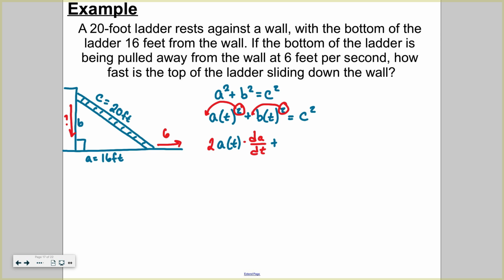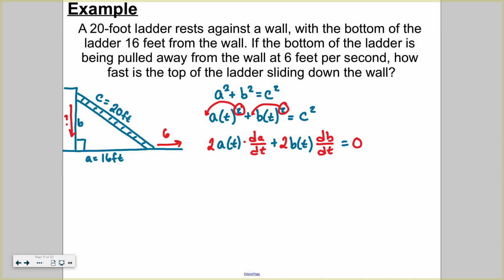So we're going to get 2 times B of t times dB over dt, and that equals, well, C is not a function of time, so C is a constant, and a constant squared is also a constant, and the derivative of a constant is 0.